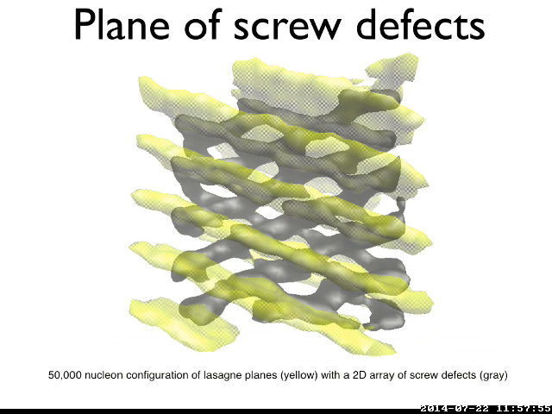Here's another example. It's really hard to see this one. You have a lasagna plane, so I colored those in yellow. And then here's a screw defect, but this thing actually formed a two-dimensional sheet of shear defects. And maybe the easiest way to see this is I printed it out. So here you've got lasagna planes, and then the middle of this is the plane of defects.